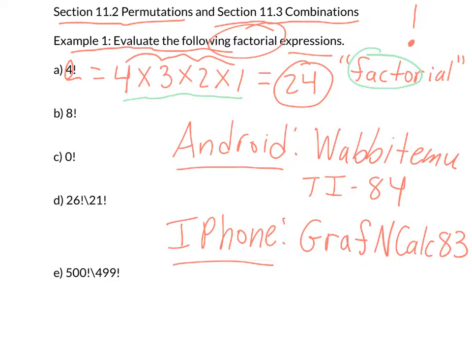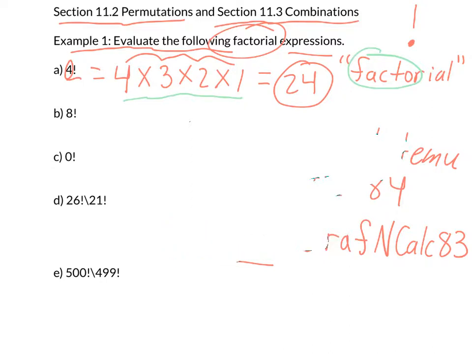Both of these apps are awesome. They look exactly like the actual graphing calculator. The buttons are in all the same exact spots. So you'll definitely want to download the app for your phone if you do not already own a graphing calculator. That way, at the very least, you can do the MyMathLab homework and the MyMathLab quizzes using those buttons that I'm going to show you throughout this video and in the future videos for this chapter.